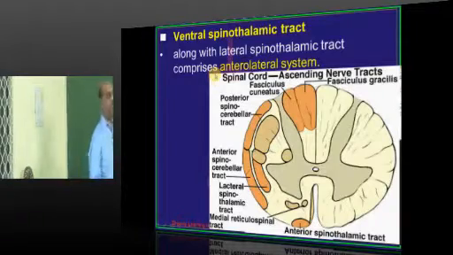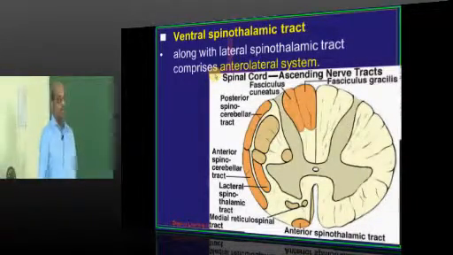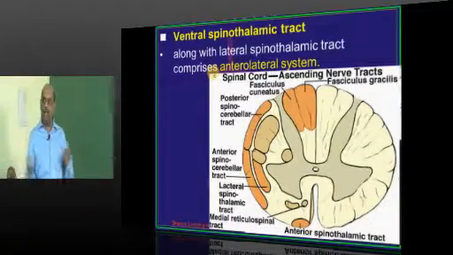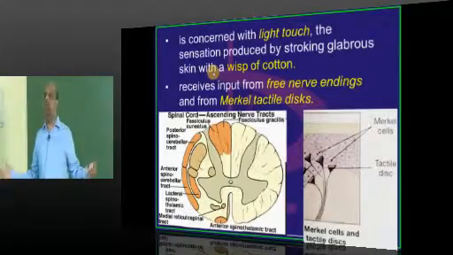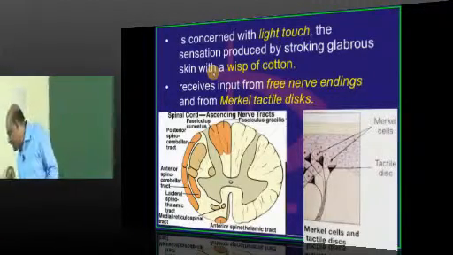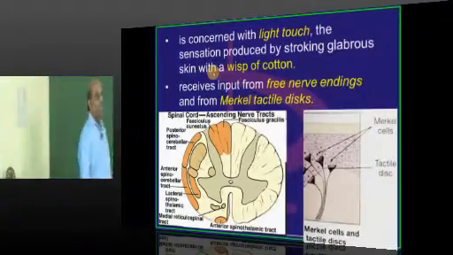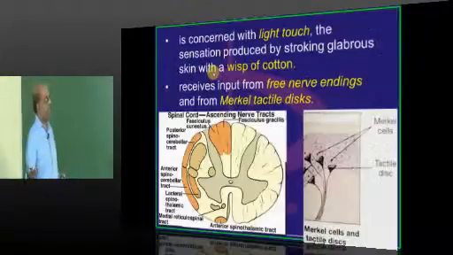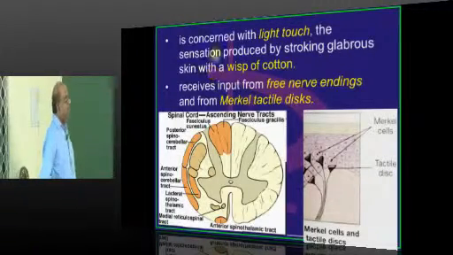Now, doctor, spinothalamic tract. Typically, there is one lateral spinothalamic tract and there is one ventral. Together they constitute what is called anterolateral spinothalamic tract is what you need to basically remember. Now, what is the main purpose of this ventral spinothalamic tract? The light touch.